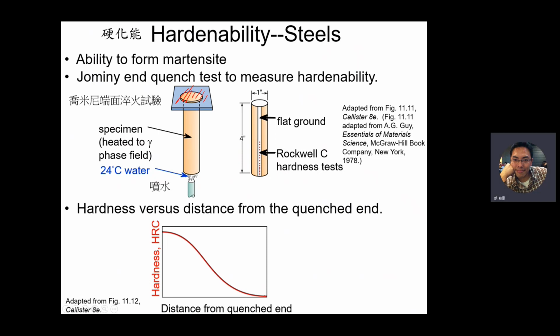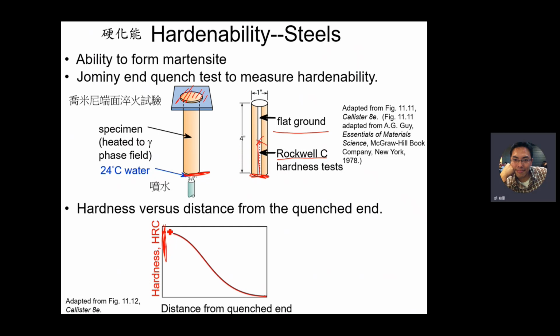Then we grind a flat surface, and we measure the Rockwell hardness at each point from the surface to the center of the specimen. Therefore we can see this curve of hardness versus distance from the quench end. This end is the quench end.